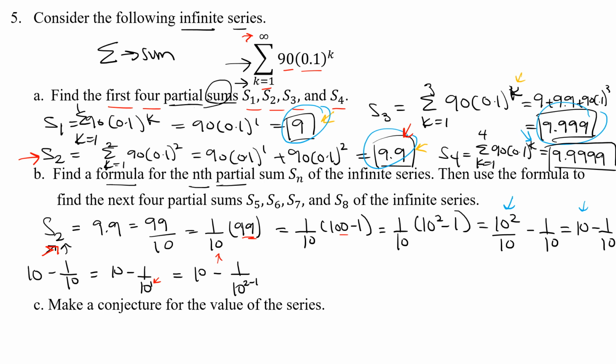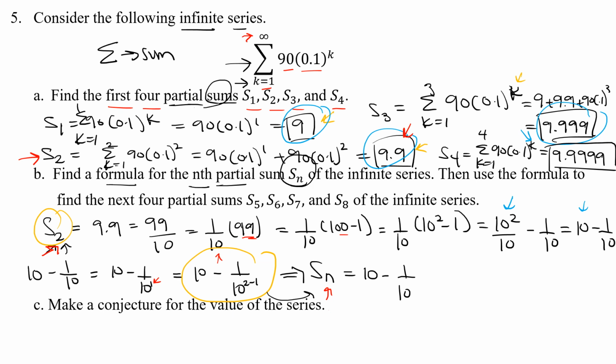Well, let's now compare what we just did here with our S sub 2 and use that same idea to find the S sub n. Okay, well, using this pattern that we have over here, we can just simply say, well, we have 10 minus 1 over 10 to the, what's our subscript? n.